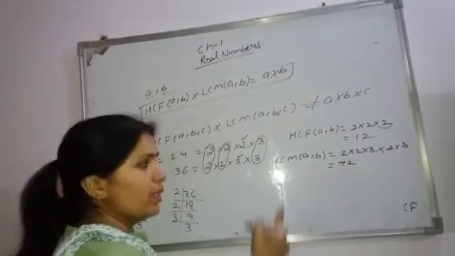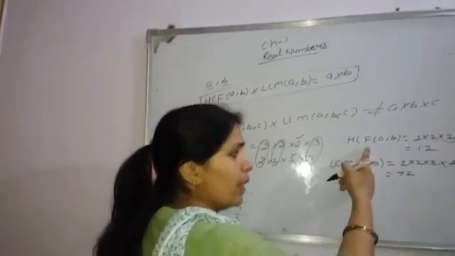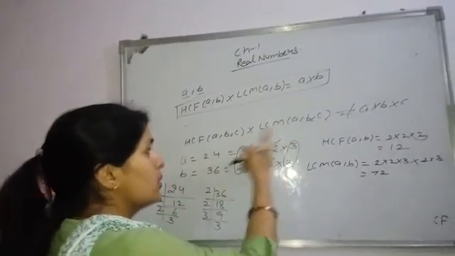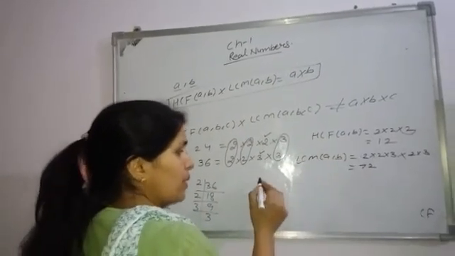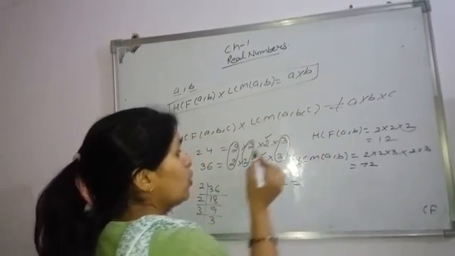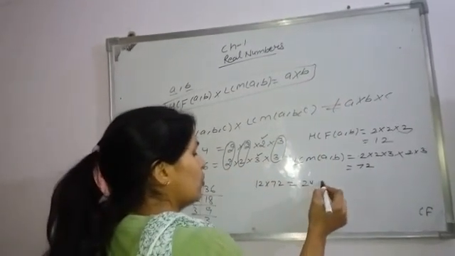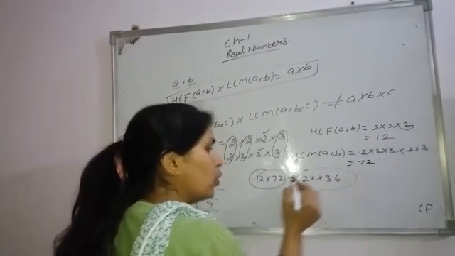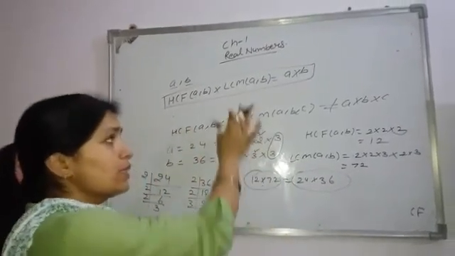So 72 is the LCM of A and B and the HCF is equal to 12. If we want to apply this result, HCF into LCM: 12 into 72 is equal to A into B, the product of the two numbers, 24 into 36. And 100% the product of these two terms will be the same. So this is our result.